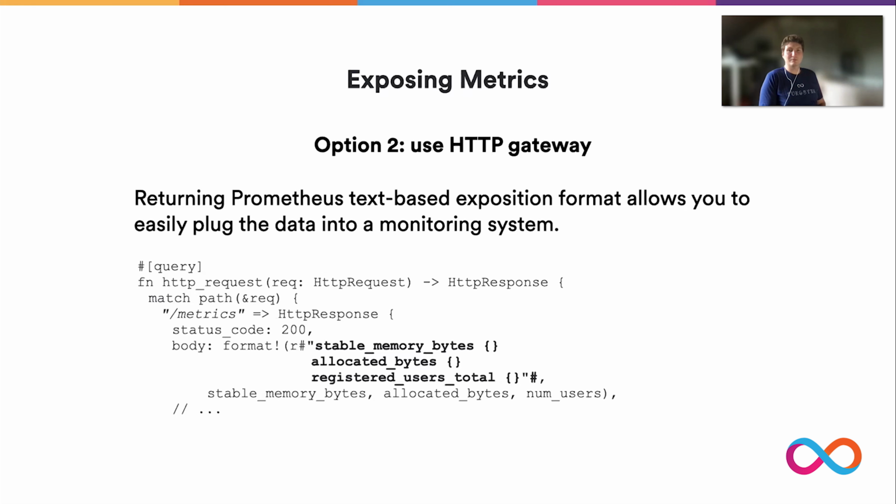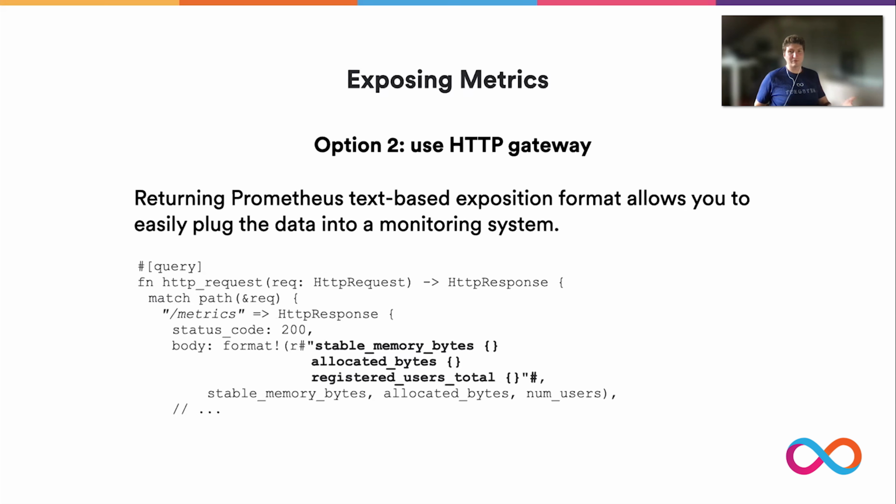The main format for Prometheus is a text-based format with a metric name, optionally some metadata, and then the metric value, and optionally a timestamp. The simplest way is to use the HTTP query gateway interface, and you don't even need a library.